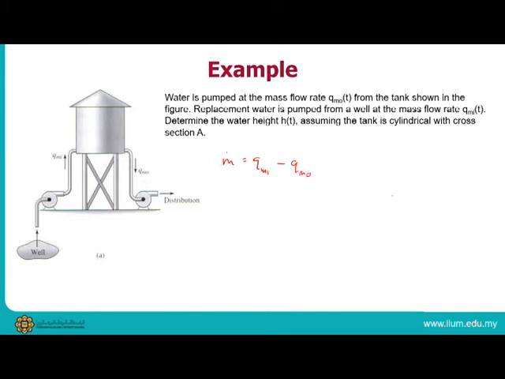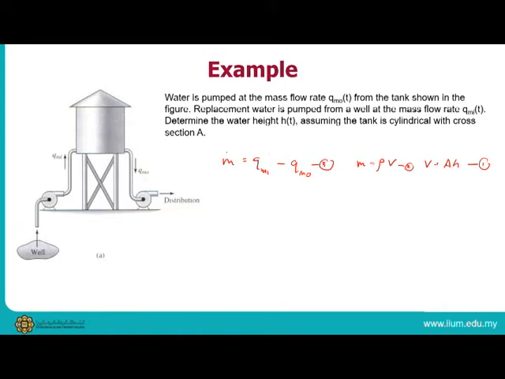You also know the formula M equals rho V. The volume for this case is V equals A H. Let's say this is equation 1, this is equation 2, this is equation 3.